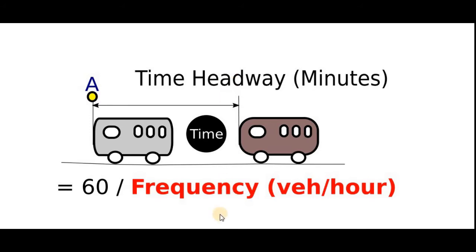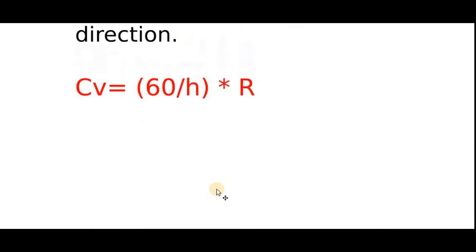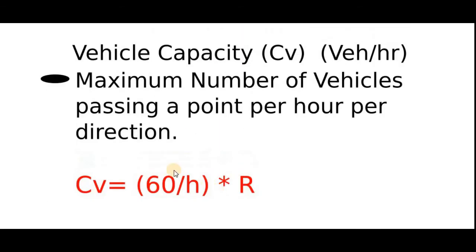So frequency is equal to 60 divided by time headway. So CV, your maximum vehicle capacity, is equal to either 60 divided by h or frequency times R. R is your reliability. We are also going to solve an example. We'll look into it in detail later.